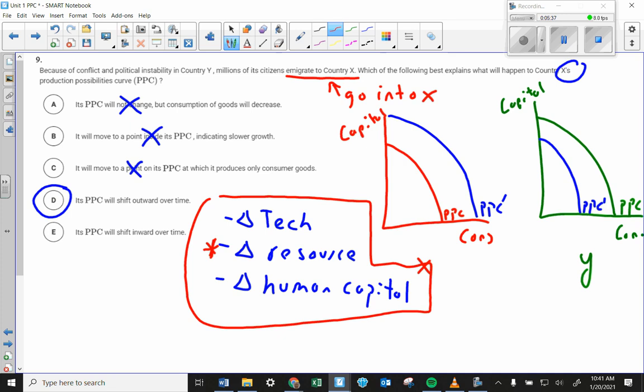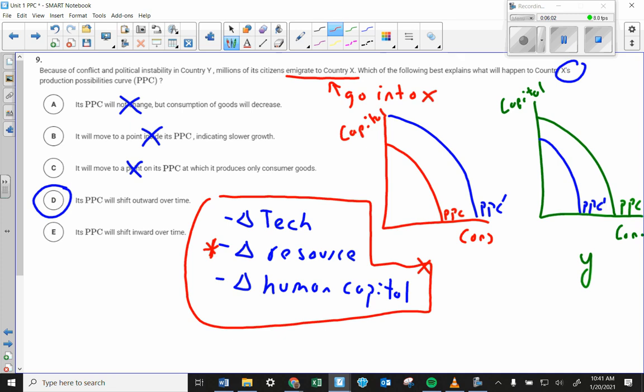In this case, the resource is labor. Labor is moving out of country Y and into country X, so that means that country X's production possibility curve is shifting to the right, which is the first production possibility curve. If you asked about country Y, its production possibility curve is actually shifting inward because they are losing resources. So the answer is D.